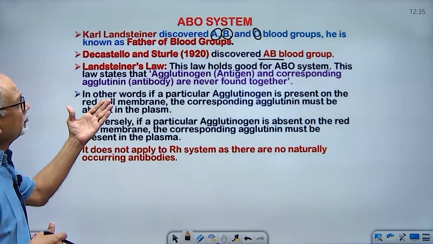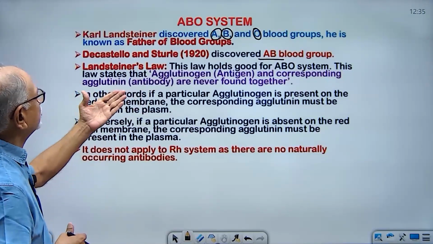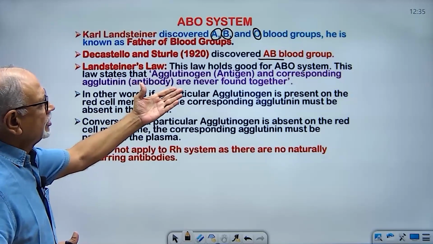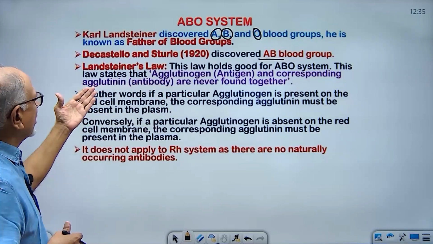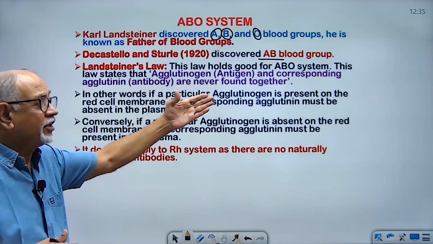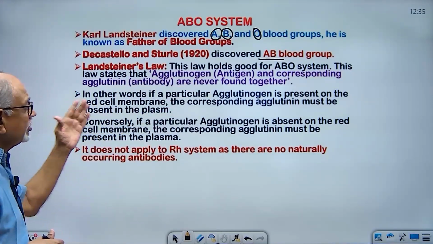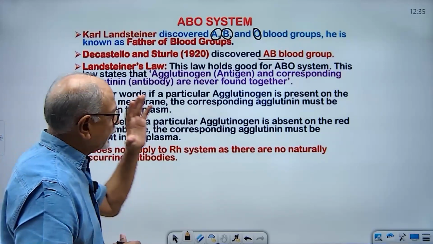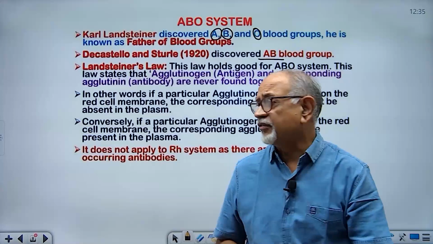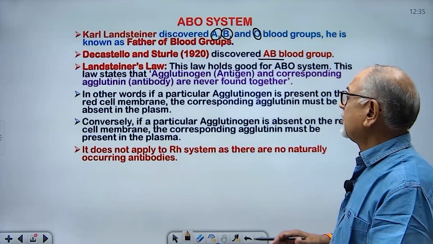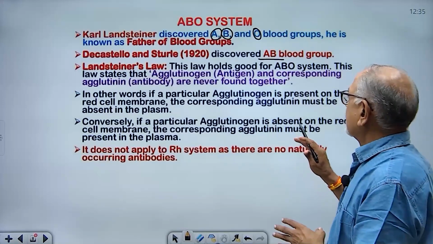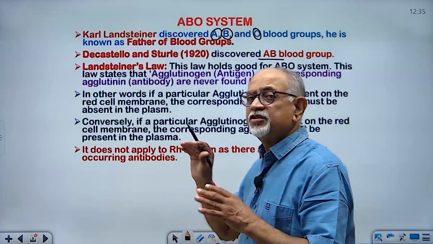Let us see, the law states that agglutinogen, that is antigen, and corresponding agglutinin, that is antibody, are never found together. In other words, if a particular agglutinogen is present on the surface of RBC, the corresponding agglutinin or antibody must be absent in the plasma.